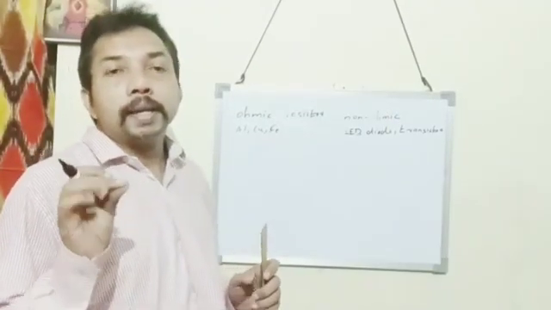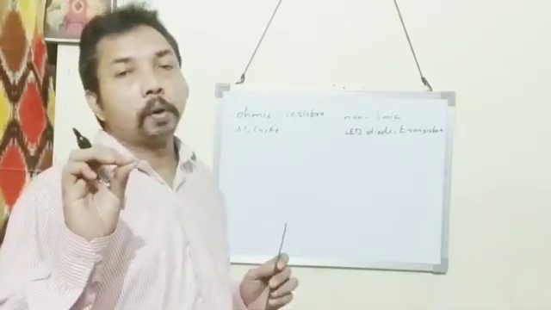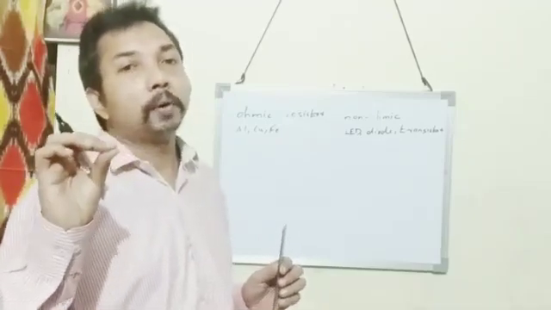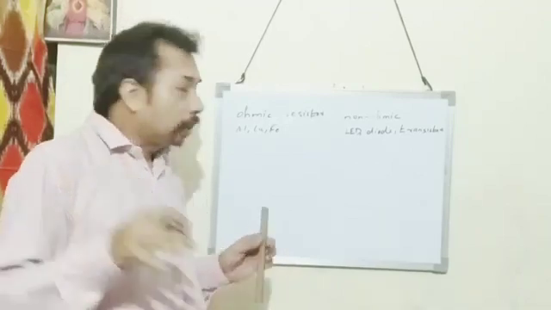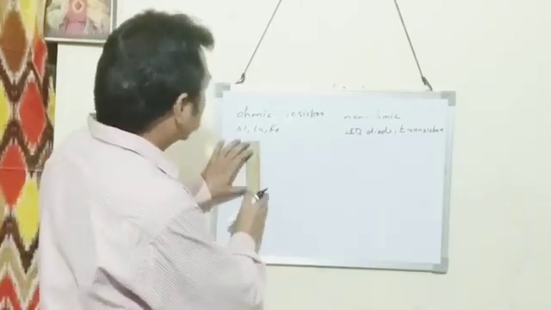If we draw the VI graph of an ohmic resistor, it will be like this.